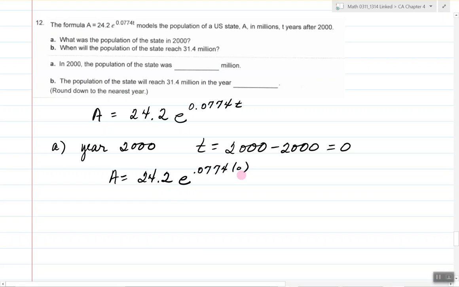Now I'm going to do this by hand, and then I'm going to turn around and do it in my calculator. So A, which is population, is 24.2. E to the product of those is 0. E to the 0 is 1. Multiply by 1 and it doesn't change it, so the answer is 24.2 million.